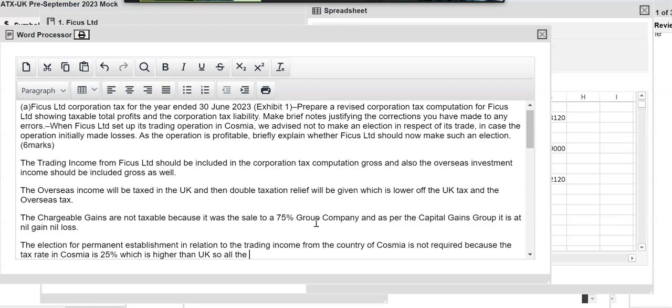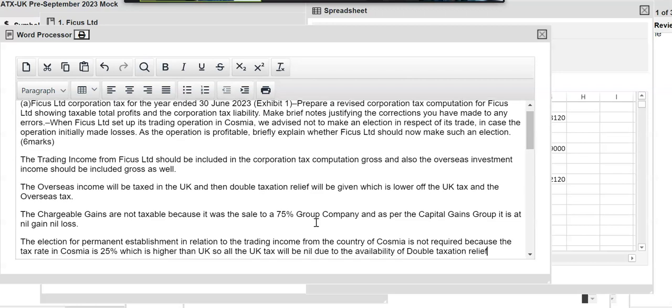So all the UK tax will be nil due to the availability of double taxation relief. I copied that from the Excel sheet, right?